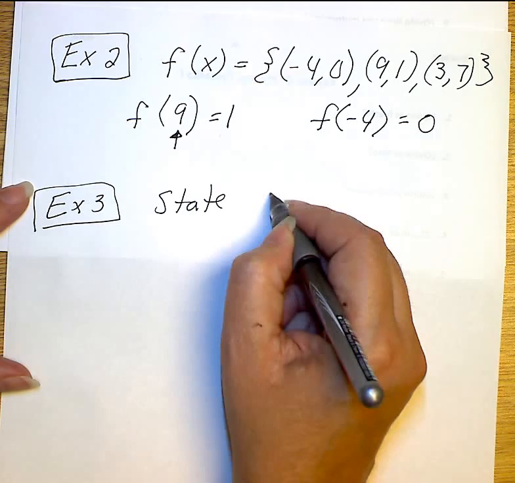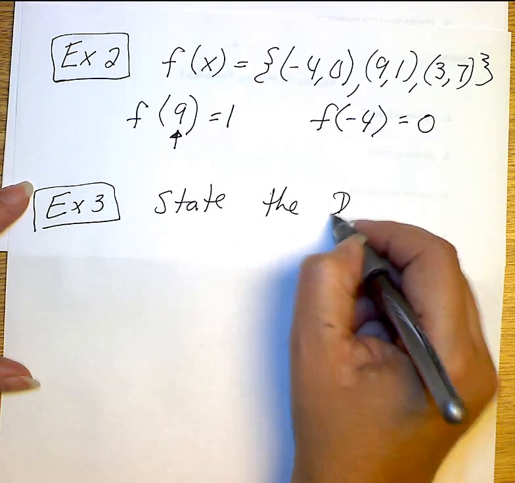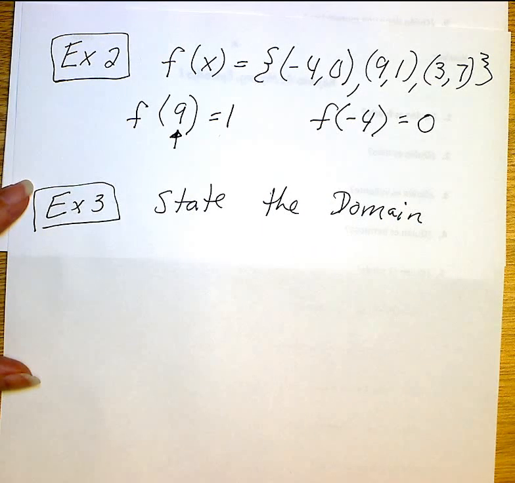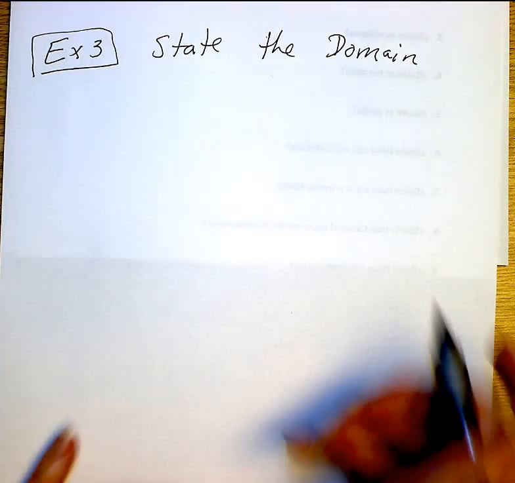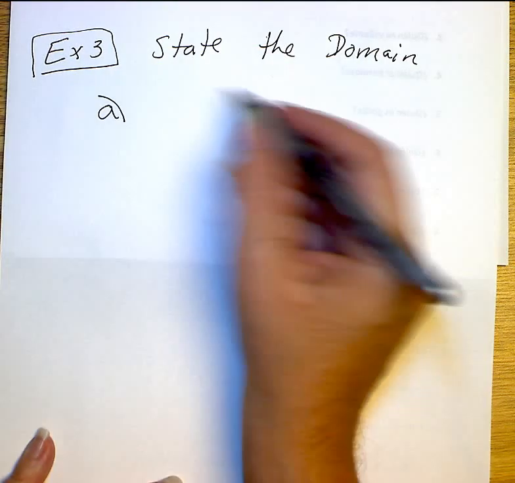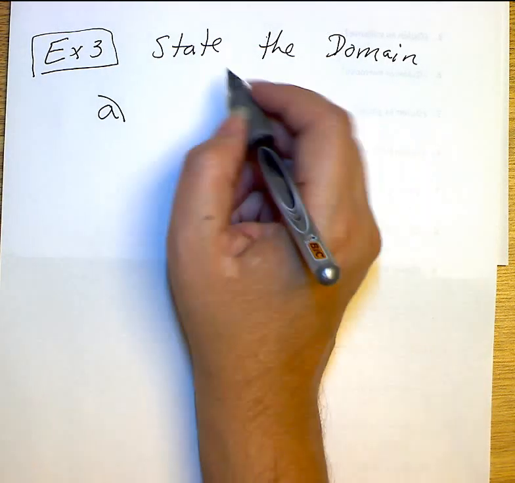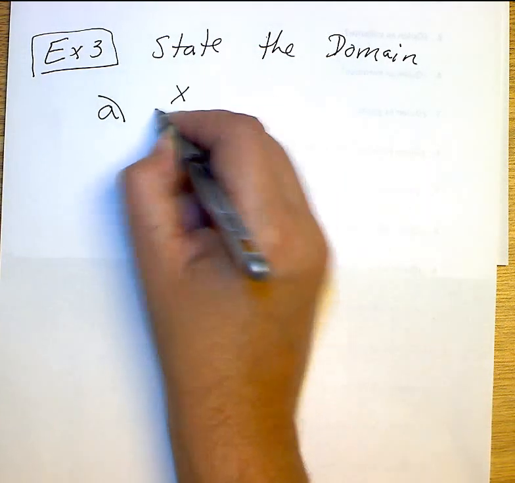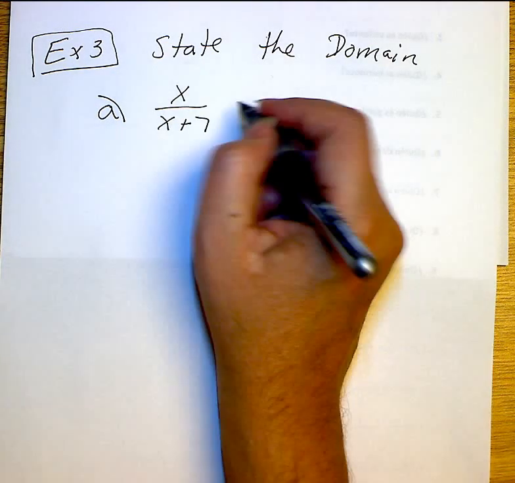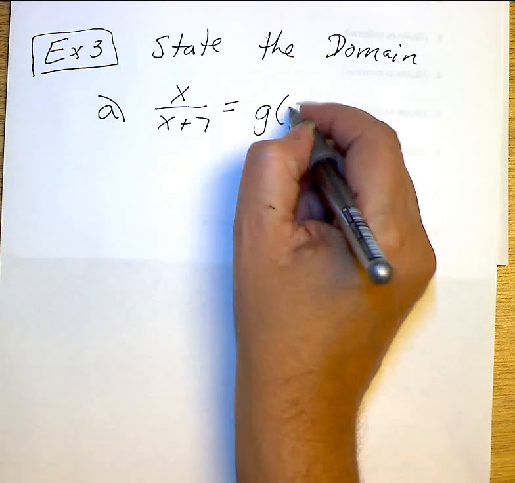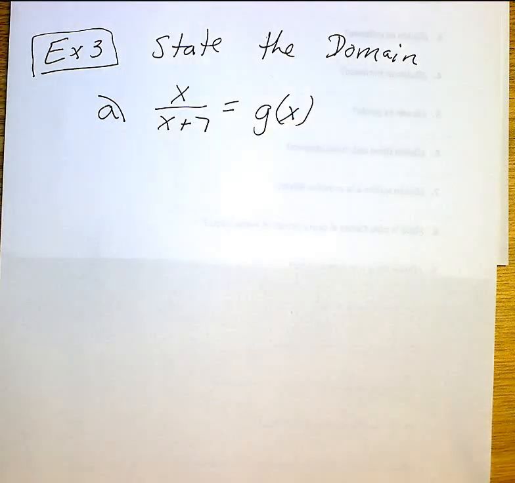State the domain. The first one is g of x equals x over x plus 7. What can you not have when you have fractions? What can you not have on the bottom?